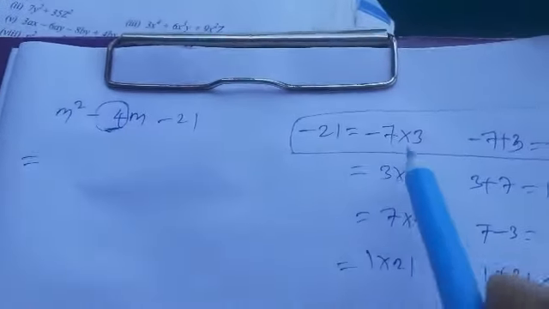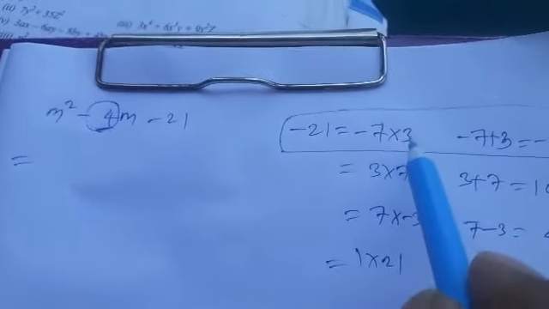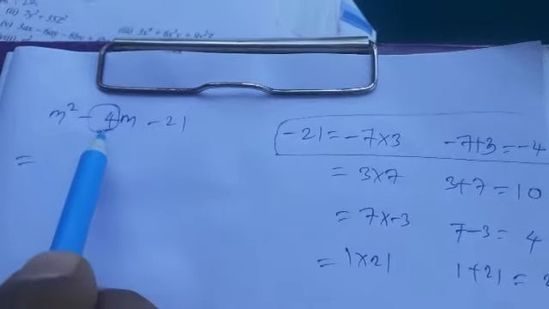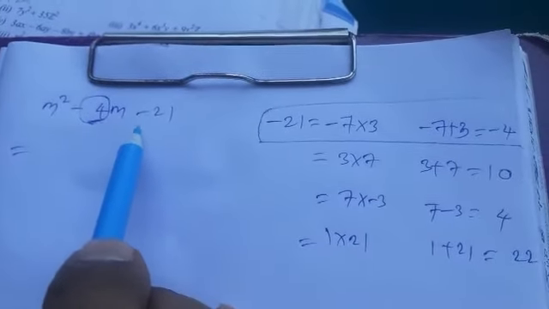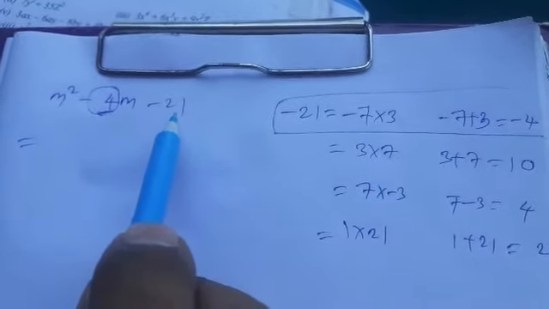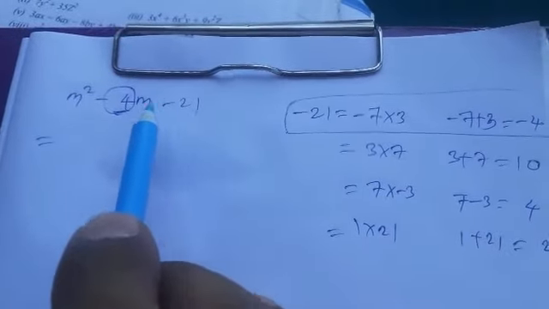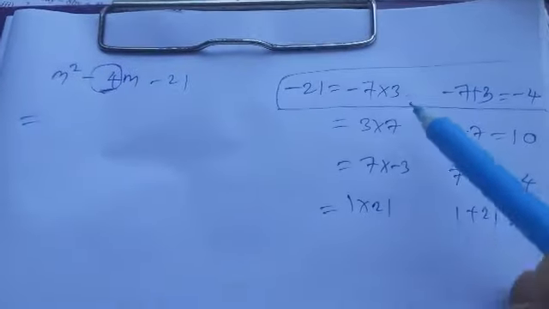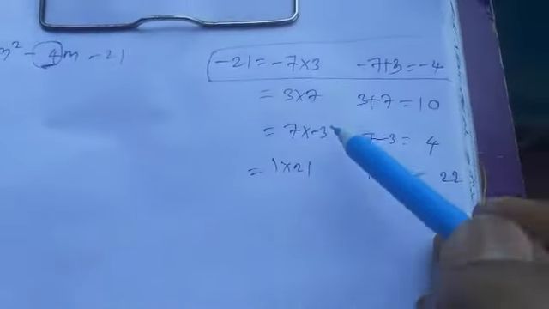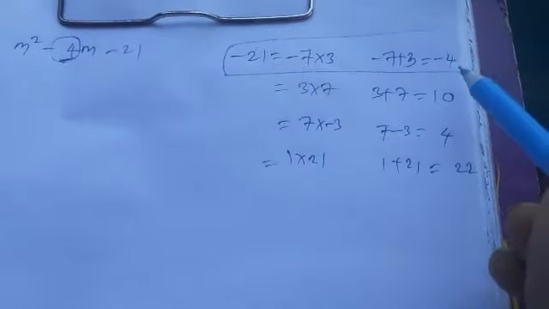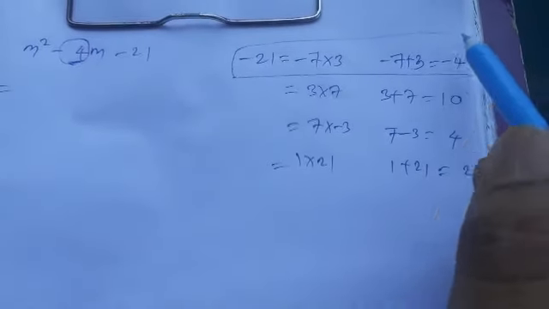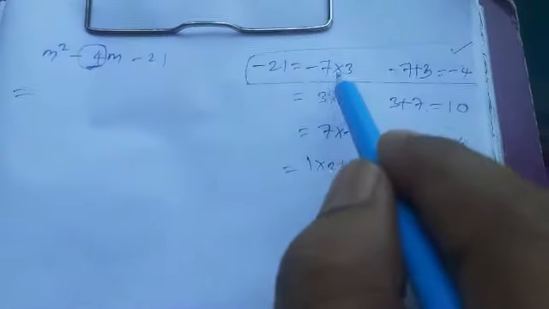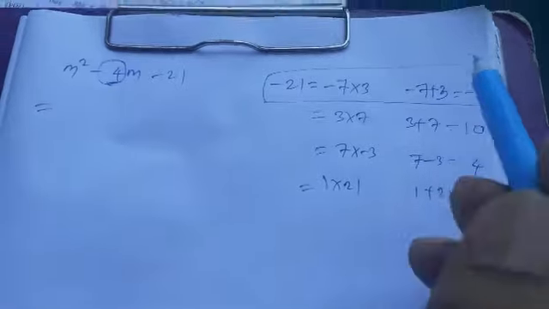Here you have to select minus 7 and 3 as the factors whose sum is minus 4. Select two factors of minus 21 whose sum should be the m coefficient, minus 4. Of all these factors, the sum should be minus 4, and only one is possible: minus 7 into 3, minus 7 plus 3, minus 4.